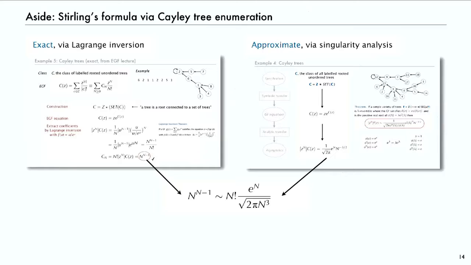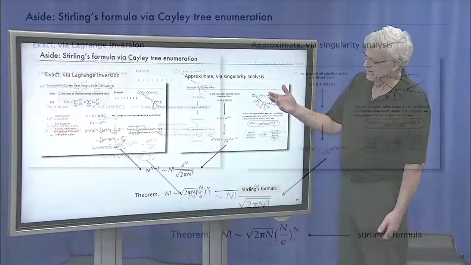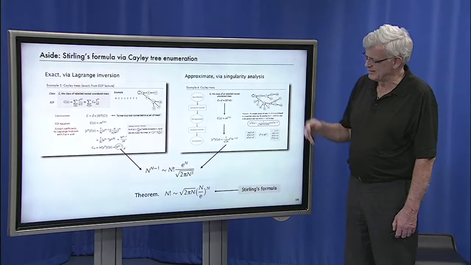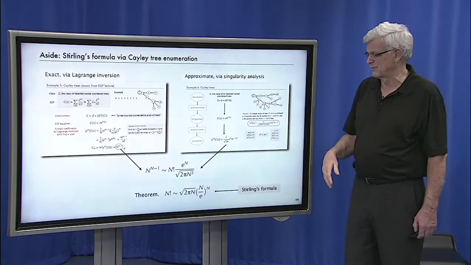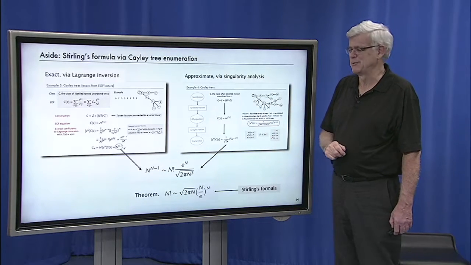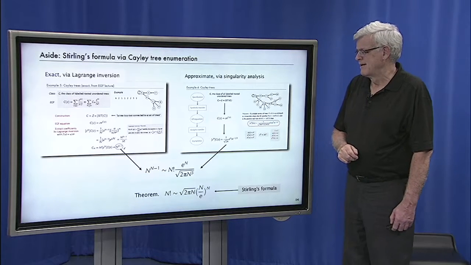The approximate one says we get n factorial e to the n over the square root of 2 pi n cubed. Those derivations are a proof that that holds, and that's just Stirling's formula. Counting Cayley trees in two different ways gives us Stirling's formula. That's one way to look at it.